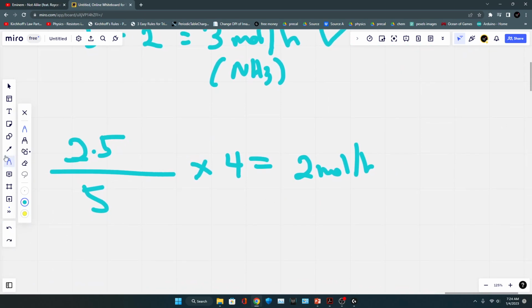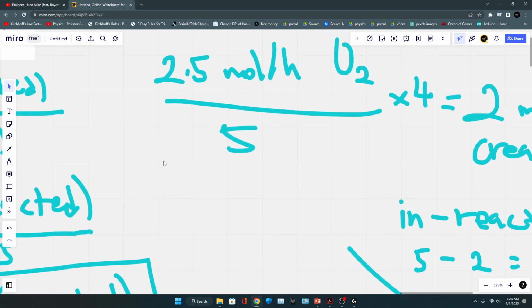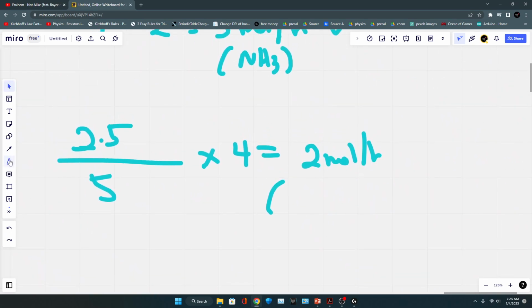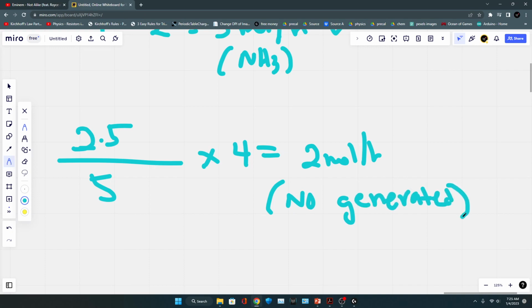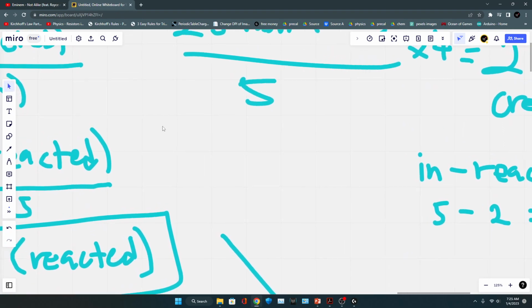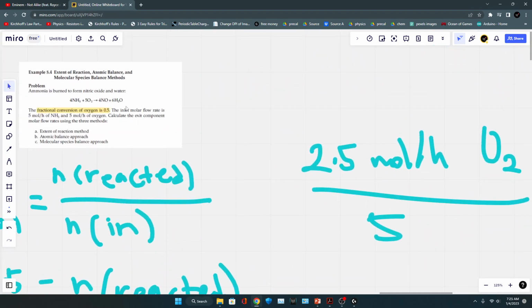This is the amount of NO, nitrogen monoxide, that was produced, that is generated from the system. So this is our third answer.